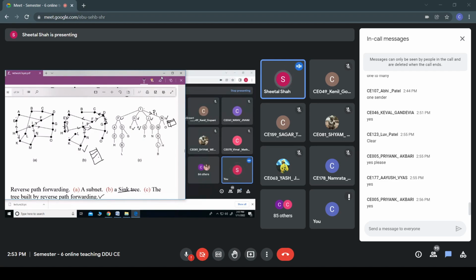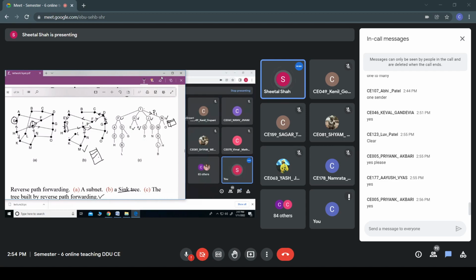Right? Now, when E receives this packet whose source is I, it will check whether, if E wants to send any packet to I, it follows this path or some other path. If it is not this path, then it would not forward that packet further to A. Are you getting this?